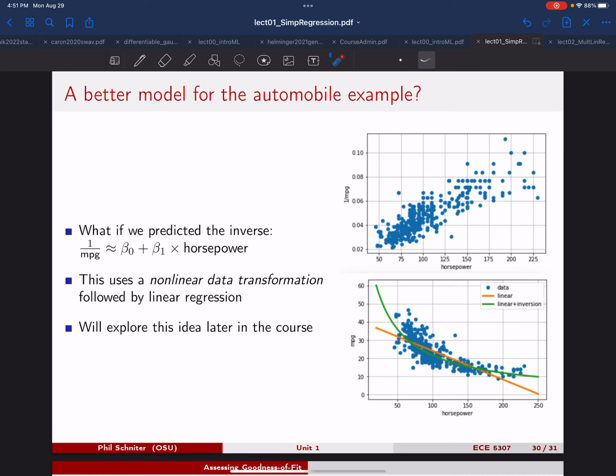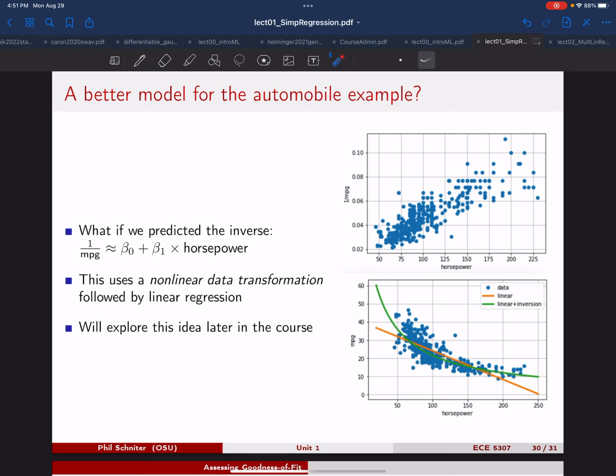So the point is that even though linear prediction seems really simple and crude, if you combine it with a little bit of data manipulation, it can actually be pretty sophisticated. The downside in this particular application is that some expert had to tell us to do this. Among all the possibilities of nonlinear data transformations, it's not obvious that we would have ever thought to try this.